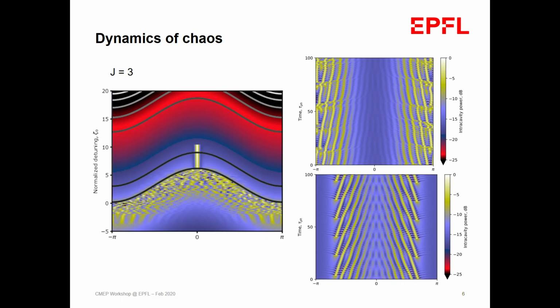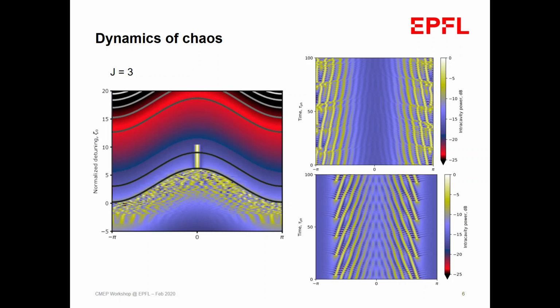For example, this one corresponds to this detuning, and this one to this one. And you can see that, in fact, modulation instability in this system appears to be just constant dynamics of creation, annihilation and collisions of solitons. It's more or less clear from this picture.